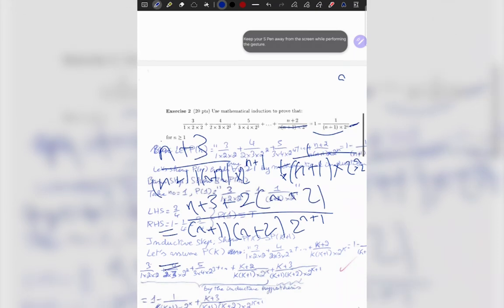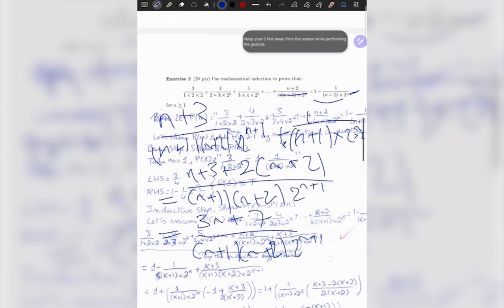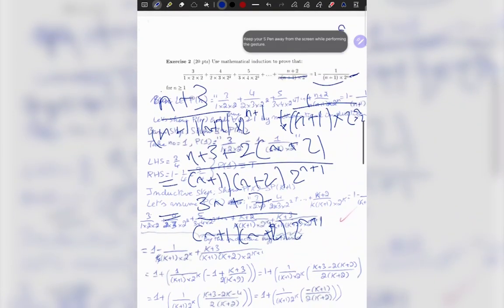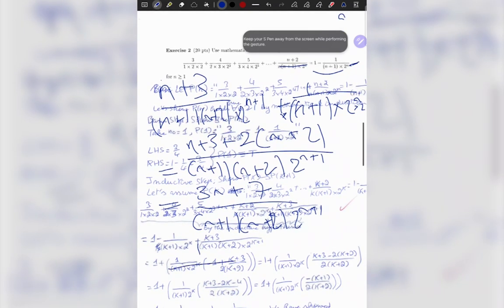If we calculate this very quickly, we'll have 2n plus 7 over n plus 1, n plus 2, times 2 power n plus 1. Okay, you need to show that this is equal to 1 over n plus 2 times 2 power n plus 1.